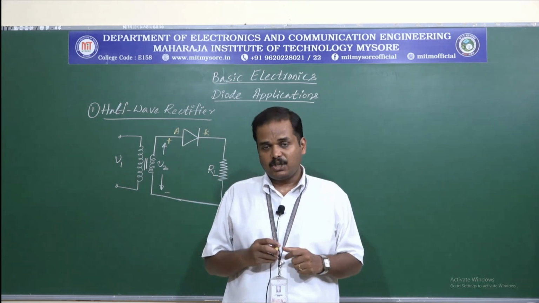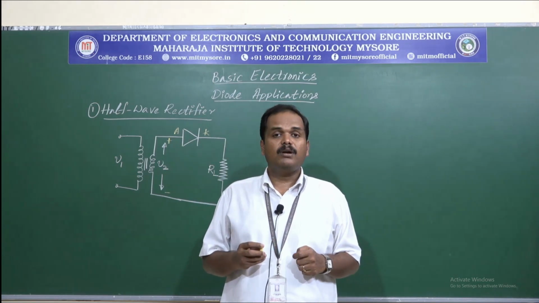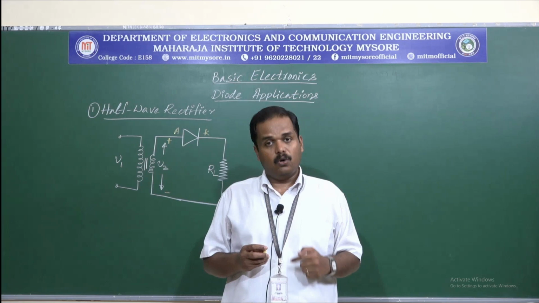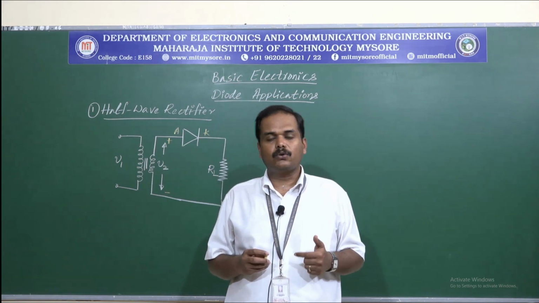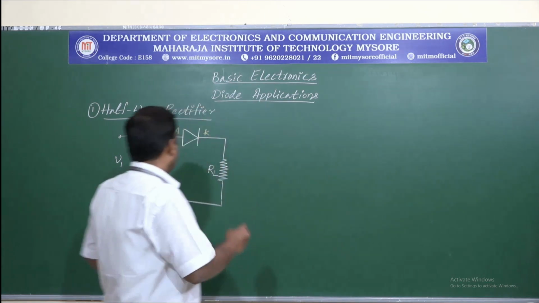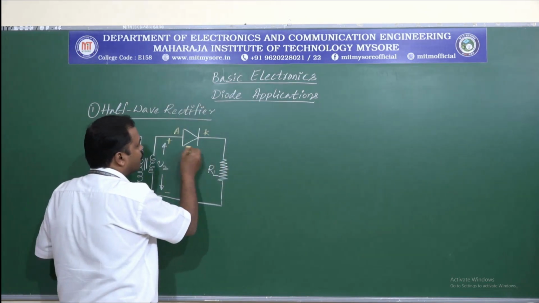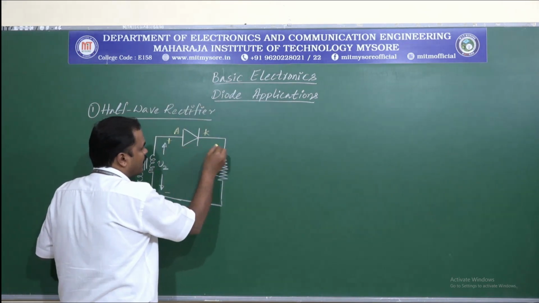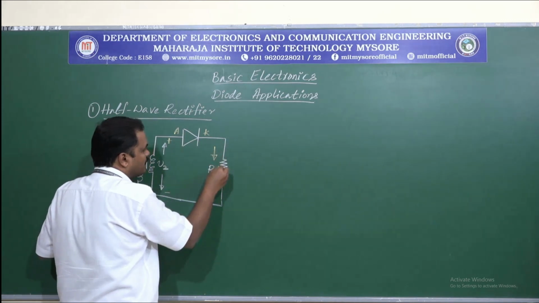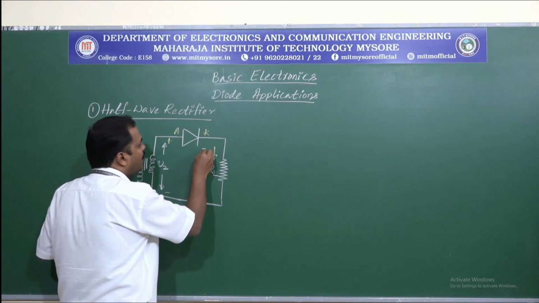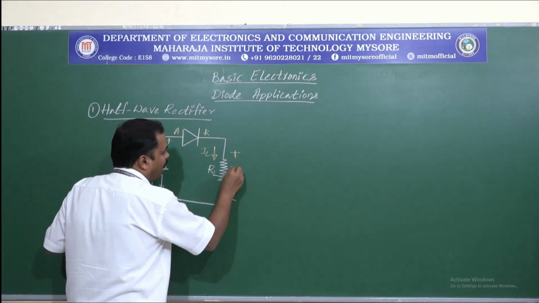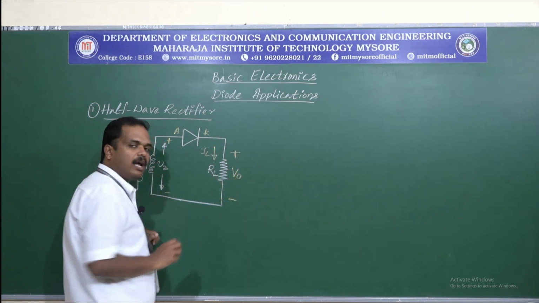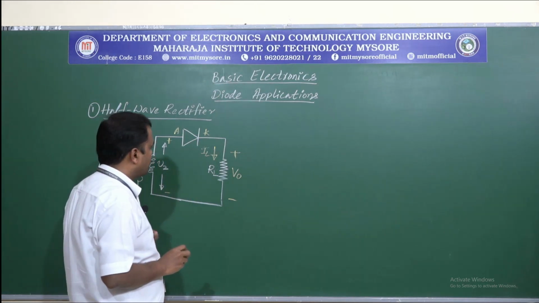So, when the diode is forward biased, the diode will be working as a closed switch that allows the current to flow through the device. So, the current that is flowing through this diode flows through this resistance RL as IL that generates output voltage V0 across the load resistance.